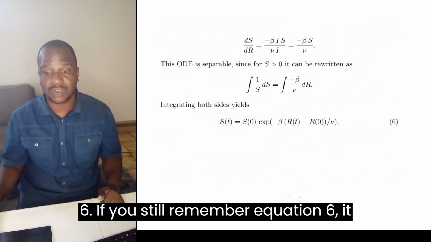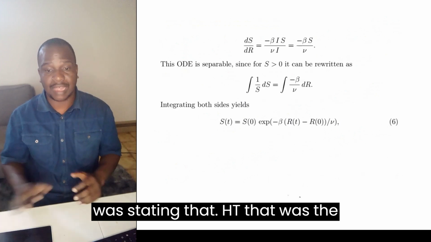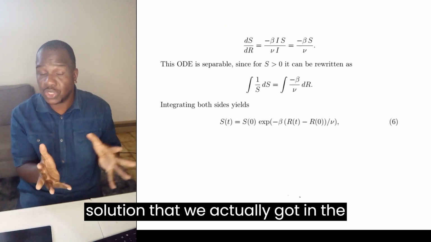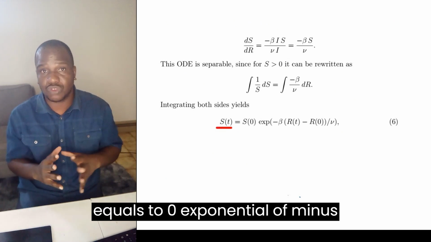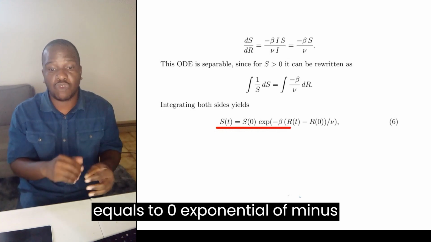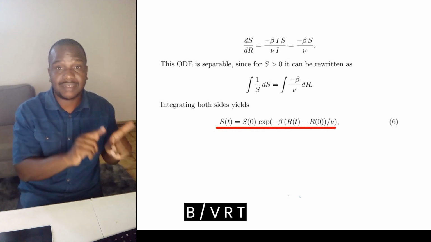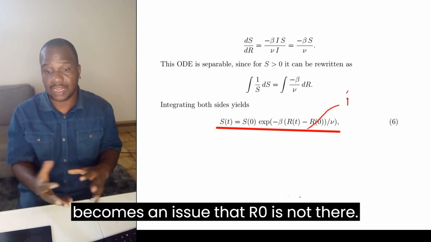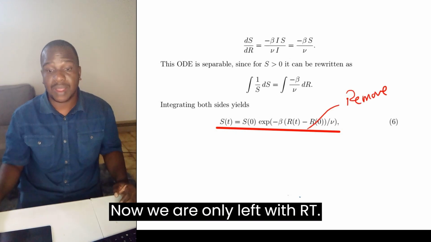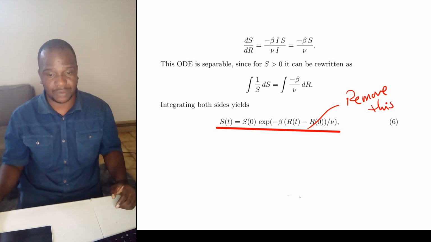If you still remember equation 6, it stated that S(t), the solution that we got in the previous video, is equal to S0 exponential of minus B over V, R(t) minus R0. So now R0 is not there. Now we are only left with R(t).